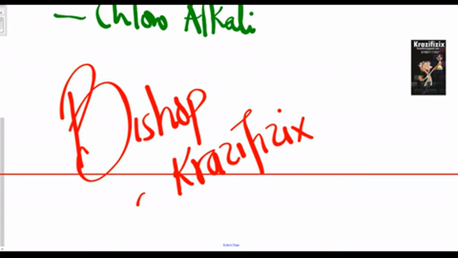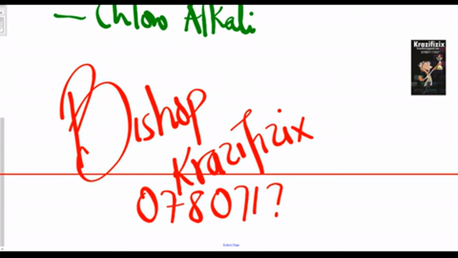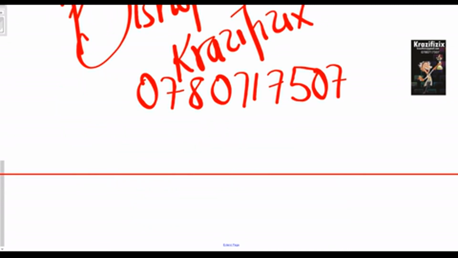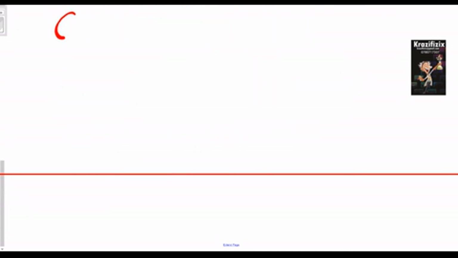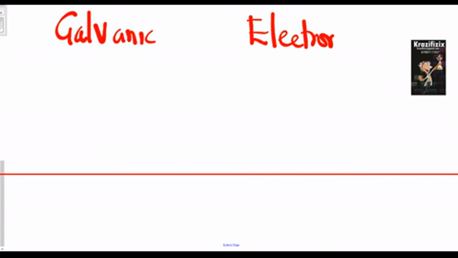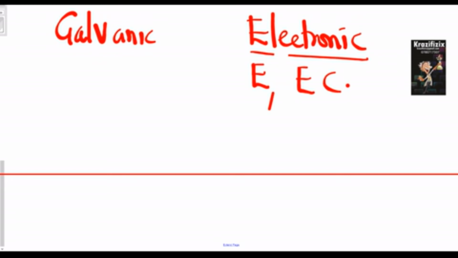By the way, don't shut me down yet. Let me do something crazy quickly. We did 2 cells: galvanic and electrolytic. I want to show you something here. Electrolytic: if I remove this L, what do I have?